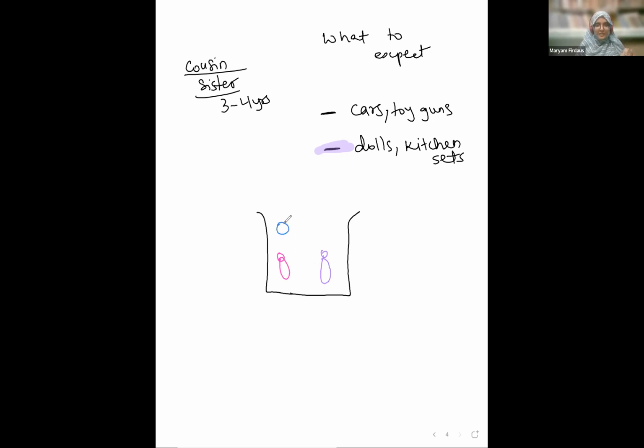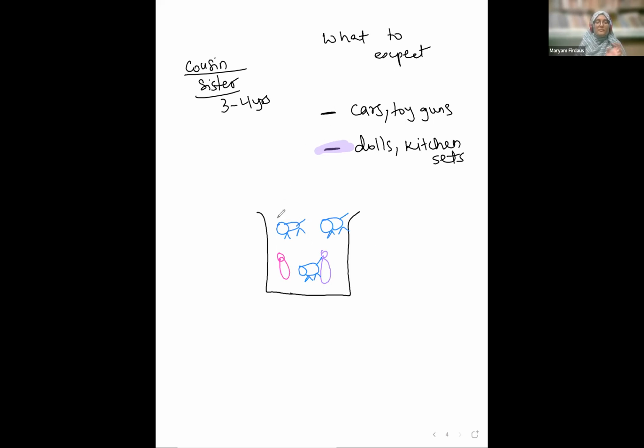Okay, she has three animal figures. I've just drawn a rough animal figure.